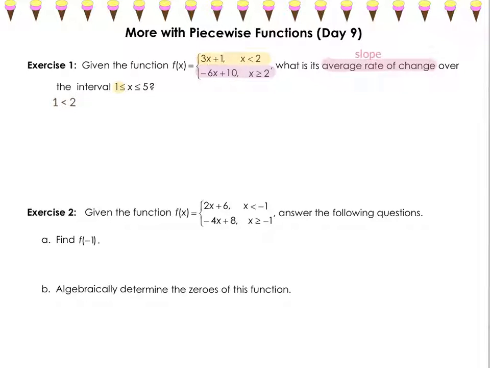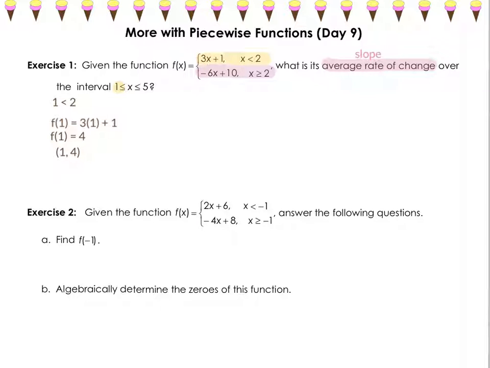So that means to find f of 1, I'm going to plug 1 into the equation. So f of 1 equals 3 times 1 plus 1, so f of 1 equals 4. Now that tells me that the first point that I care about is an x value of 1 and a y value of 4. So I'm going to write that as 1 comma 4.